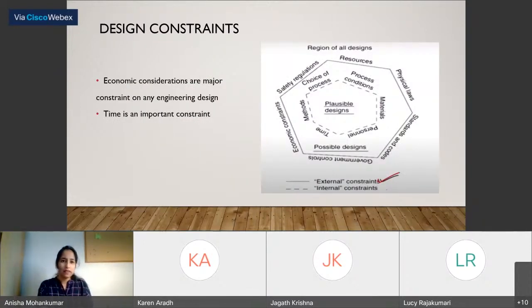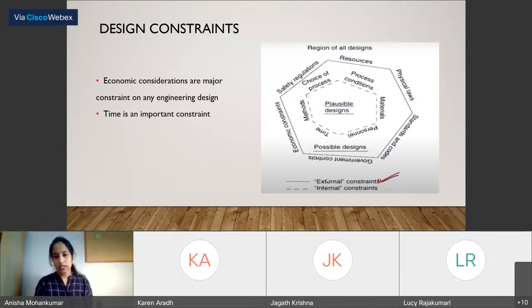So there are several design constraints that are to be kept in mind, as I told you. There are external constraints and there are internal constraints. External constraints are represented by the solid lines in the outer periphery, and the internal constraints are represented by dotted lines in the inner periphery.